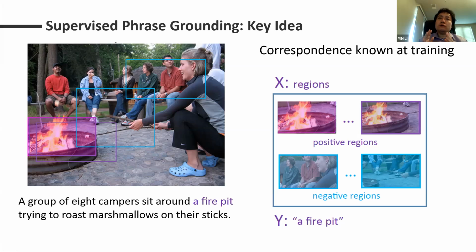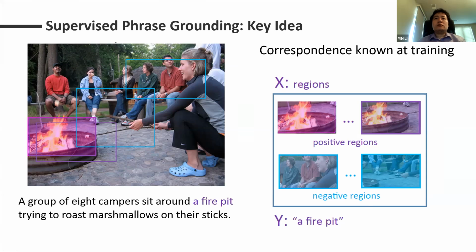so what we're trying to learn is some sort of function that allows us to map an image region to a text phrase. So what we're going to do is we're going to learn a score function that takes a pair of image region and the text phrase and outputs their similarity score.